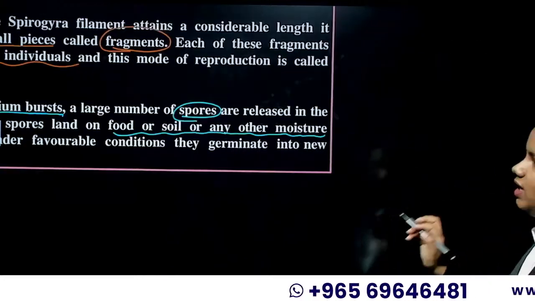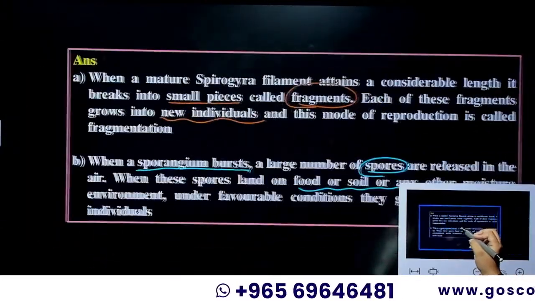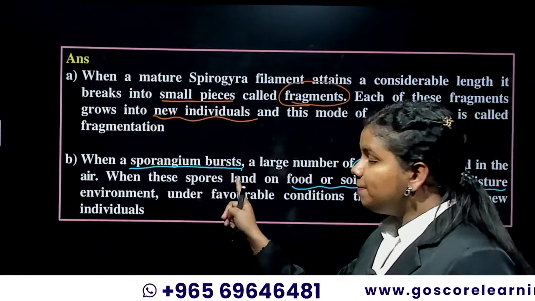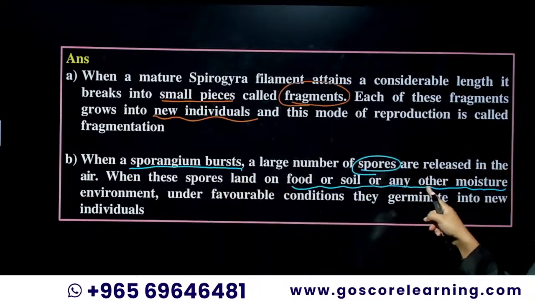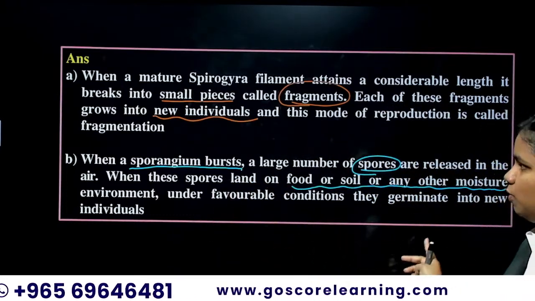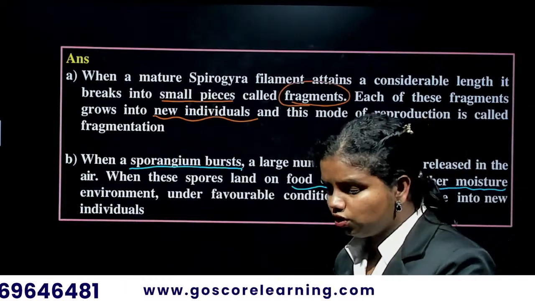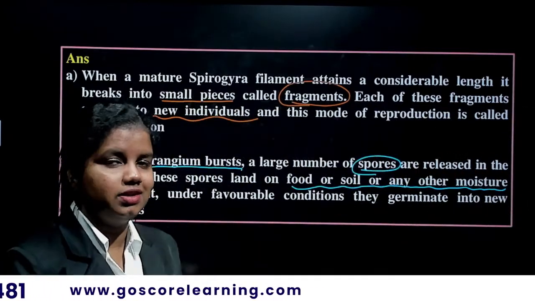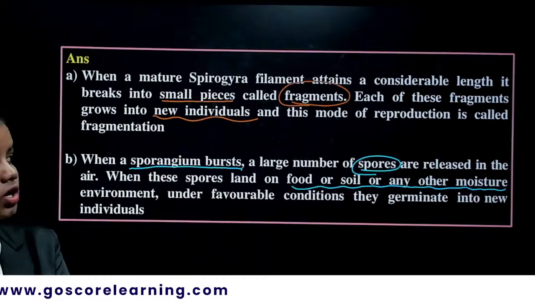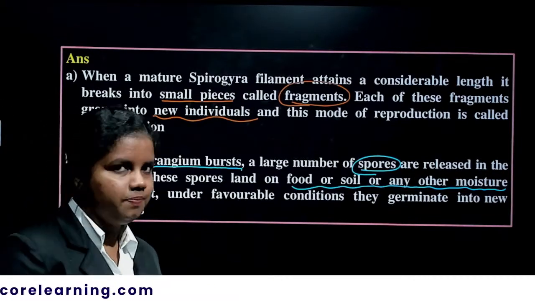Understood? Okay. So when the sporangium bursts, a large number of spores are released into the air, and when the spores fall on particular food or soil with enough moisture content, they can again grow up into a new Rhizopus, a new fungus. Understood?